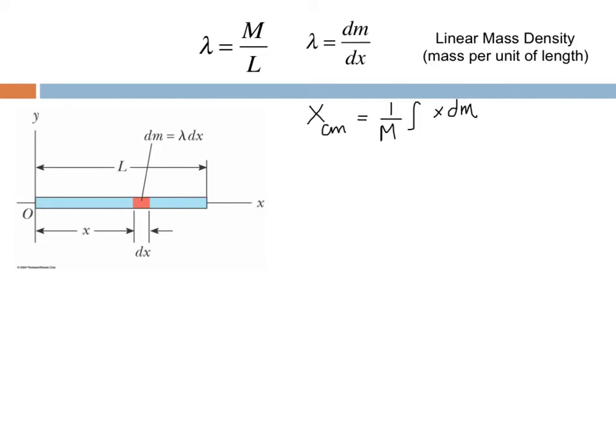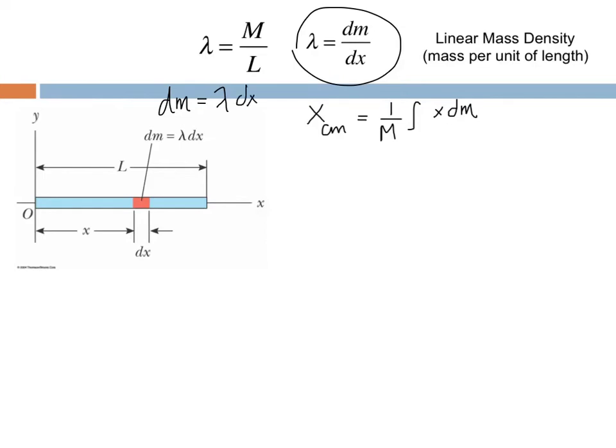So going back to our linear mass density, our small change in m divided by our change in x, this can be rewritten as a change in mass is equal to my linear mass density times my change in x.